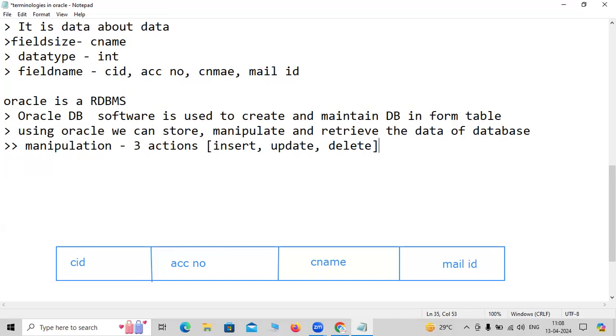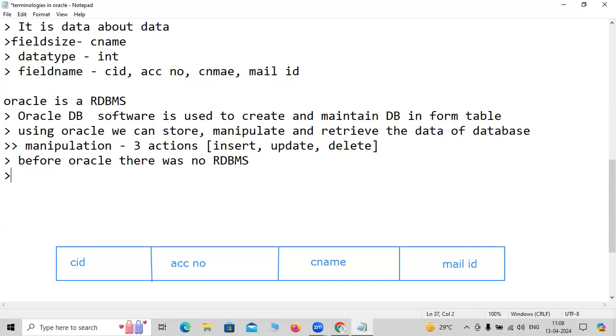If we want to retrieve the data of a particular customer from a customer table, we are retrieving the data. Before Oracle, there was no RDBMS.